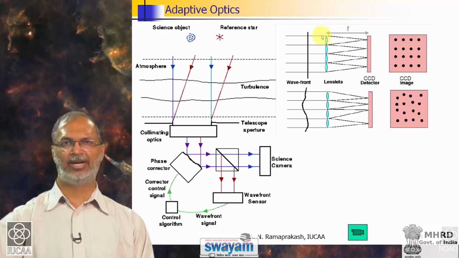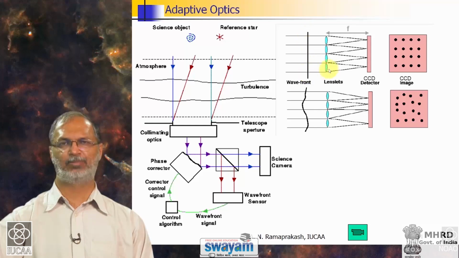Now, a simple minded wavefront sensor is just made of an array of lenses. So, you think of these as several lenses arranged in a two dimensional array, some set of lenses here. So, if the wavefront which is falling on these lenses is a plane wavefront, each of these small lenslets will form an image at its focal plane.